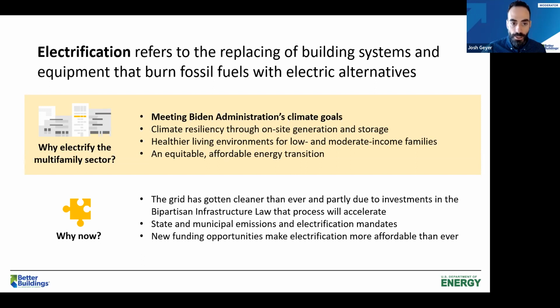So when we talk about an equitable and affordable transition, which is really important for HUD and for the folks that we serve, natural gas costs are projected to continue to rise substantially over the next decade due to unstable supply and increased demand worldwide.